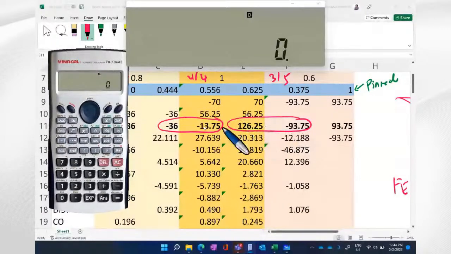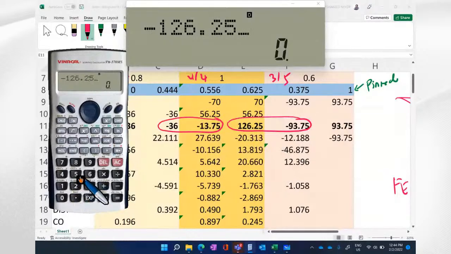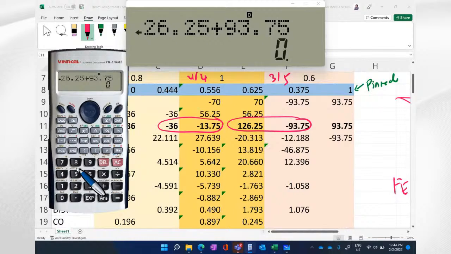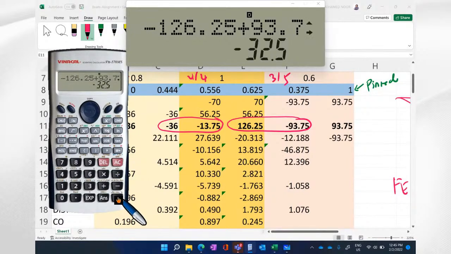Opposite with this is negative 126.25 plus, because it is negative, we put positive 93.75. Equal to negative 32.5. This is negative 32.5. We need to times it with 0.625.